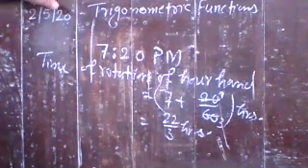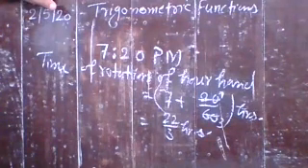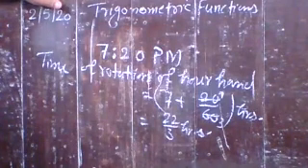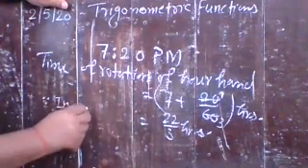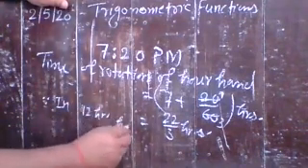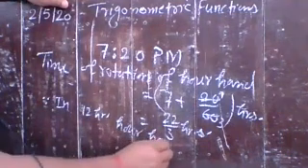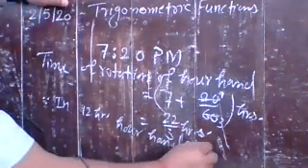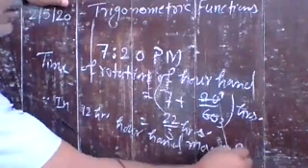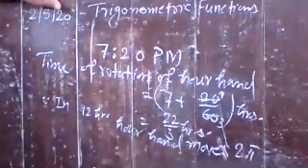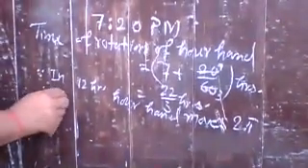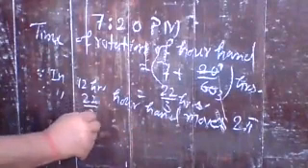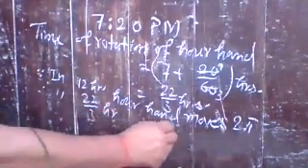Okay, so you know the hour hand in 12 hours makes 2 pi radian. Since in 12 hours the hour hand moves 2 pi radian, so what about in 22 by 3 hours?